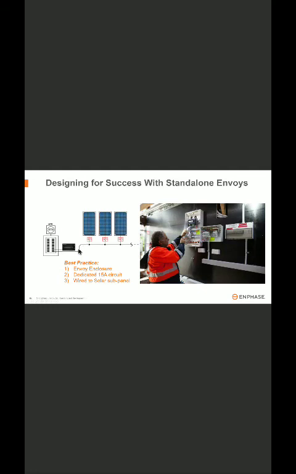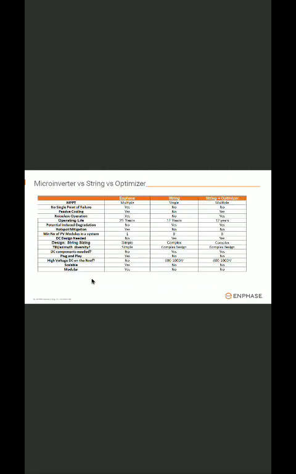So if you are landing this directly to your main, make sure you have a dedicated circuit for the Envoy. These are the few things you need to consider when you design your PLC communication. Make sure that your communication is robust.